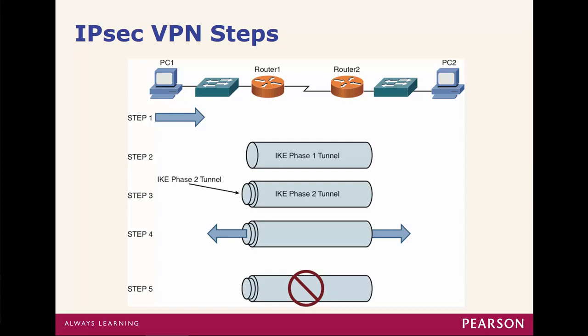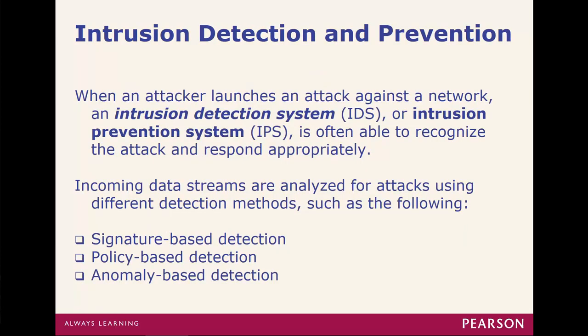So with that said, let's go ahead and move into our intrusion detection and intrusion prevention, IDSs and IPSs. So when an attacker launches an attack against a network, normally IDSs and IPSs should be able to recognize and respond. IDSs are not active, meaning they just watch.